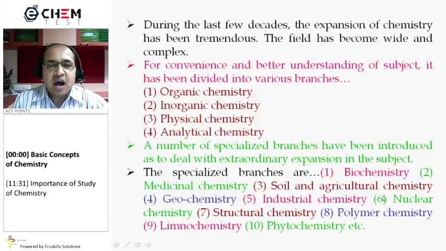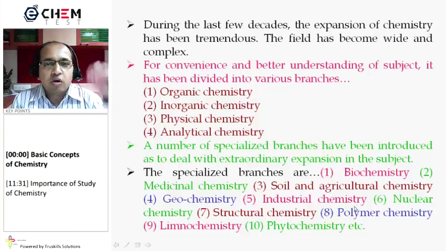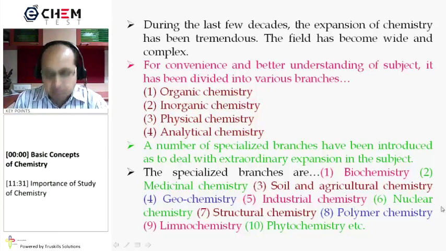Industrial chemistry: after developing any small scale lab process, how to expand it to get large scale production, that we get from industrial chemistry. Industrial chemistry is related to large scale production of any lab process or lab material. Nuclear chemistry deals with nuclear energy.